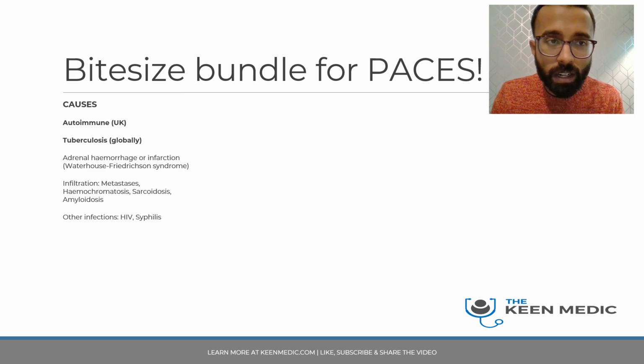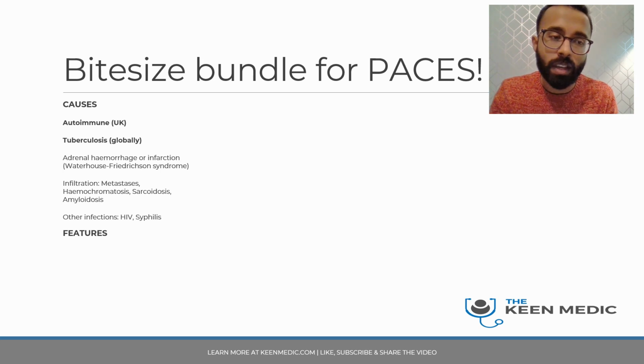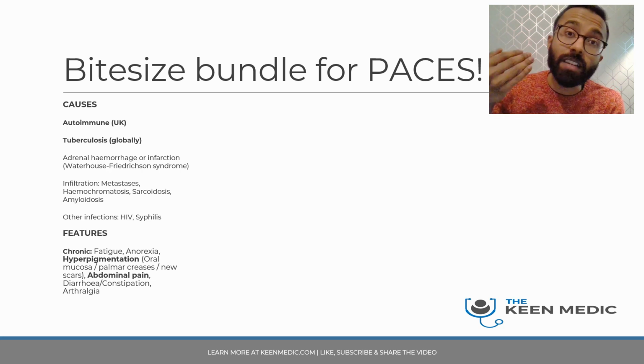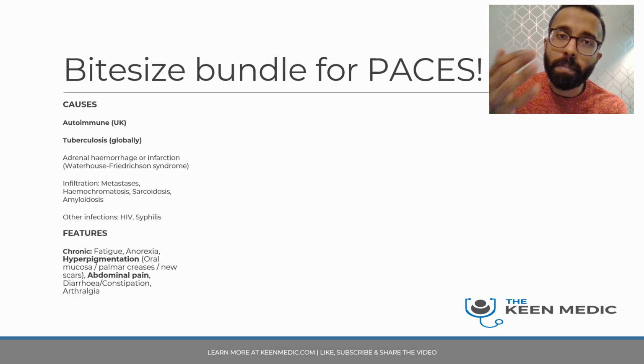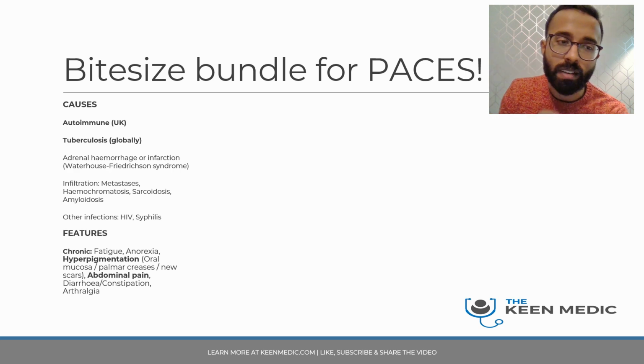So, what are the clinical features? In terms of the clinical features, I've broken down into the chronic and the acute, the crisis period. For the chronic side, these are the top things. The ones in bold are the ones that tend to give things away, especially in a PACES scenario, so make sure you watch out for these kind of things.